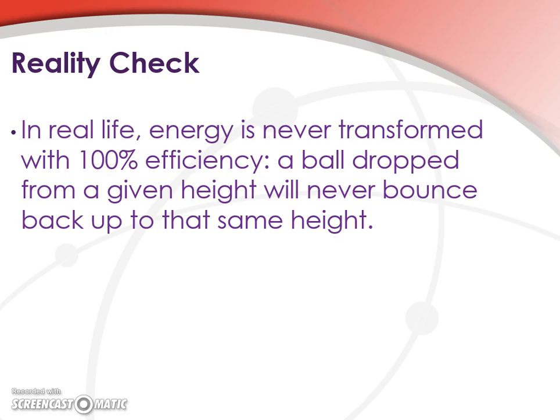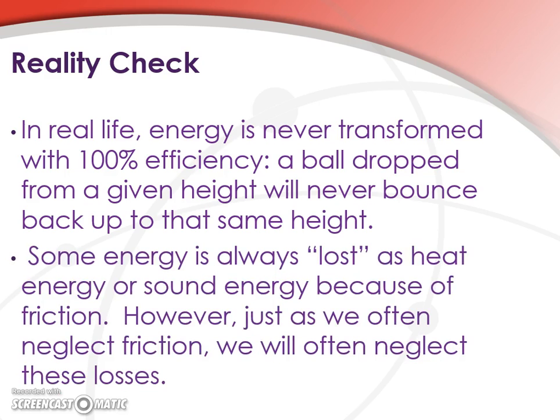A ball dropped from a given height won't bounce back up to that same height. No matter how good a super ball you have, it won't manage it. We have air friction, we have losses due to noise. There's lots of reasons why it won't be 100% efficient. So all we can do is approach 100% efficiency for these kinds of things. We'll neglect these losses for most situations.